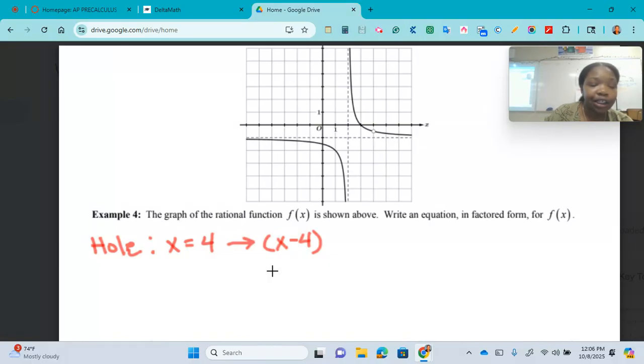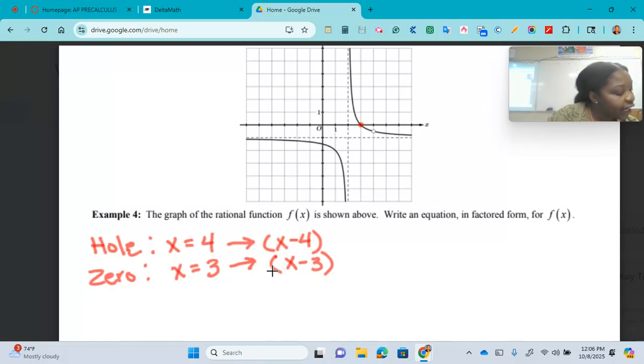A 0. At x equals 3 right here. If it's a 0 in the denominator, we have a vertical asymptote. But if we have a 0, where does the 0 have to be from? The numerator. So what factor is in the numerator? x minus 3. Excellent.